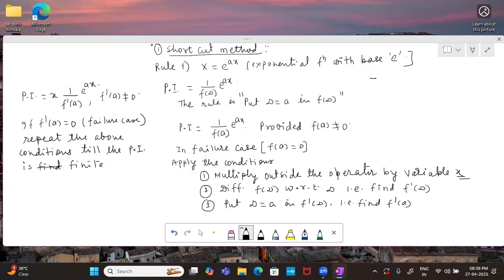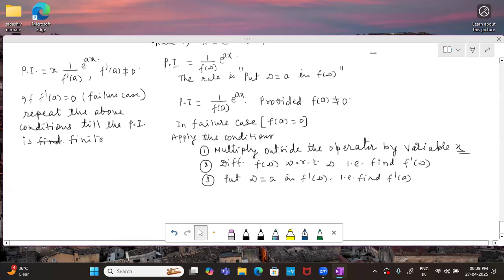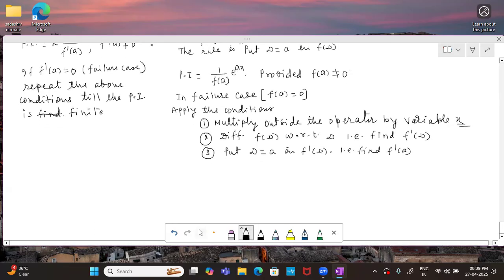Suppose, for example, we will see this example. Suppose we require PI, 1 upon D square minus 3D plus 2, operating on e raised to 2x. So this is the exponential function like e raised to ax.